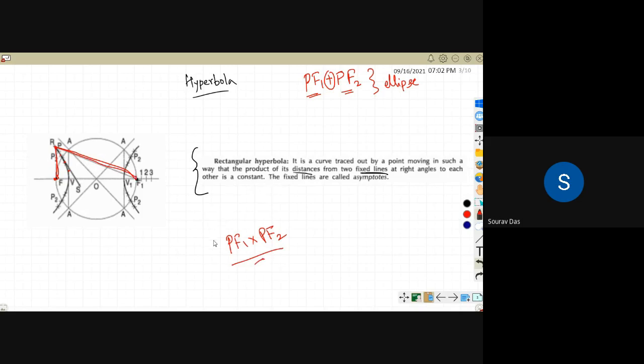So this is the point which needs to be remembered for hyperbola. For any point on the hyperbola, the product of the distances between the focuses and that point will always be constant, and for ellipse it is the sum which is constant.